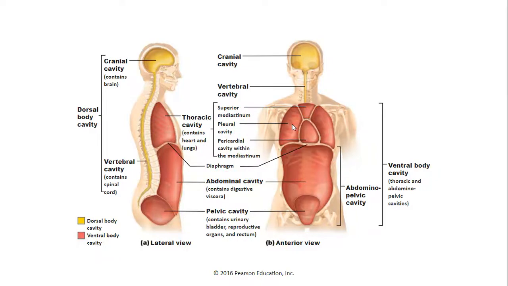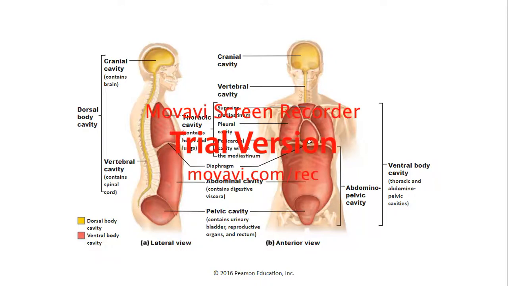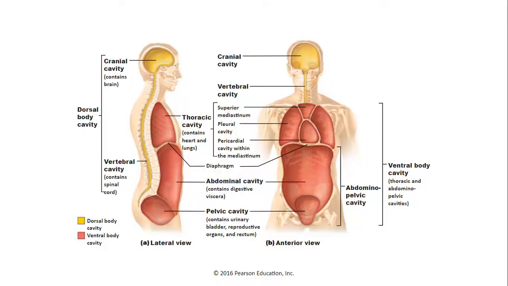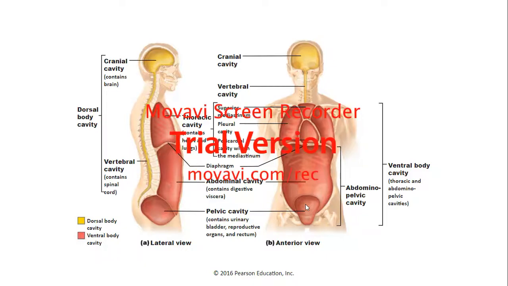Your pericardial cavity is where you'll find your heart. Below there you have your diaphragm, and then your abdominal cavity, which contains your digestive organs, and then your pelvic cavity, with your urinary system and reproductive organs. Again, this is a figure that you need to be familiar with.